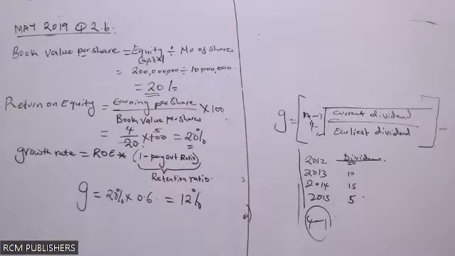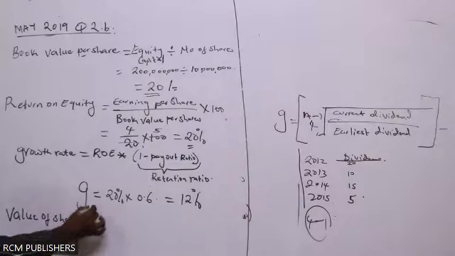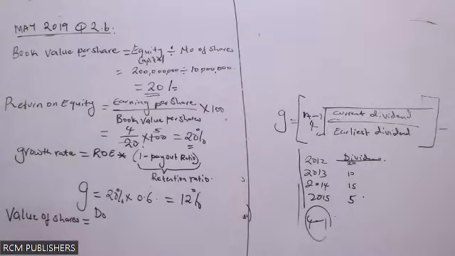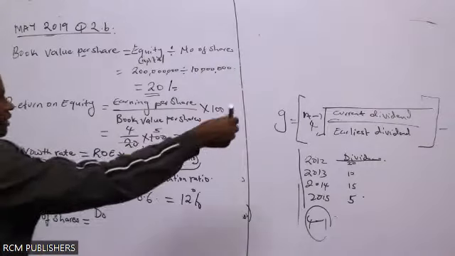So with that information, I'm now able to compute the value of shares, but I need to remember the small formula that I had, the value of share using this method. The value of share will be given by D0, which can be termed as the current dividend.